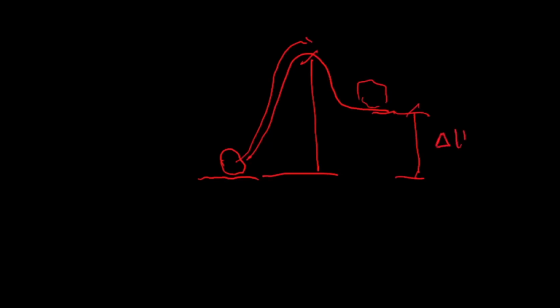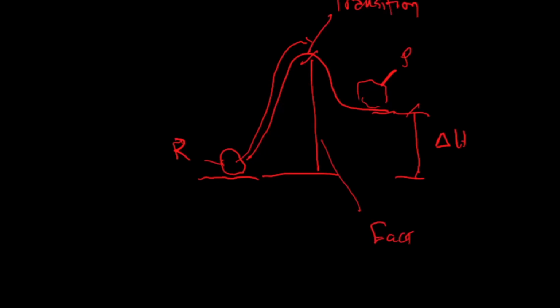That's delta H. So that would be an endothermic reaction. Why? Because the product is higher in energy than the reactant, so it's uphill. But you still need to pay a minimum price just to get it over that hill. That is called the activation energy. This is called the transition state.